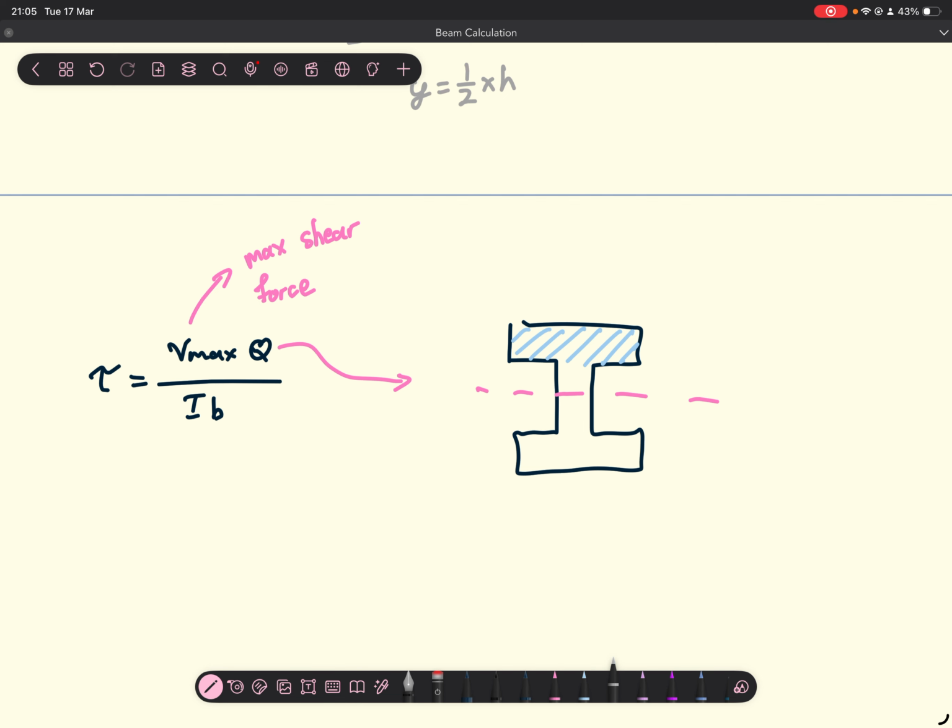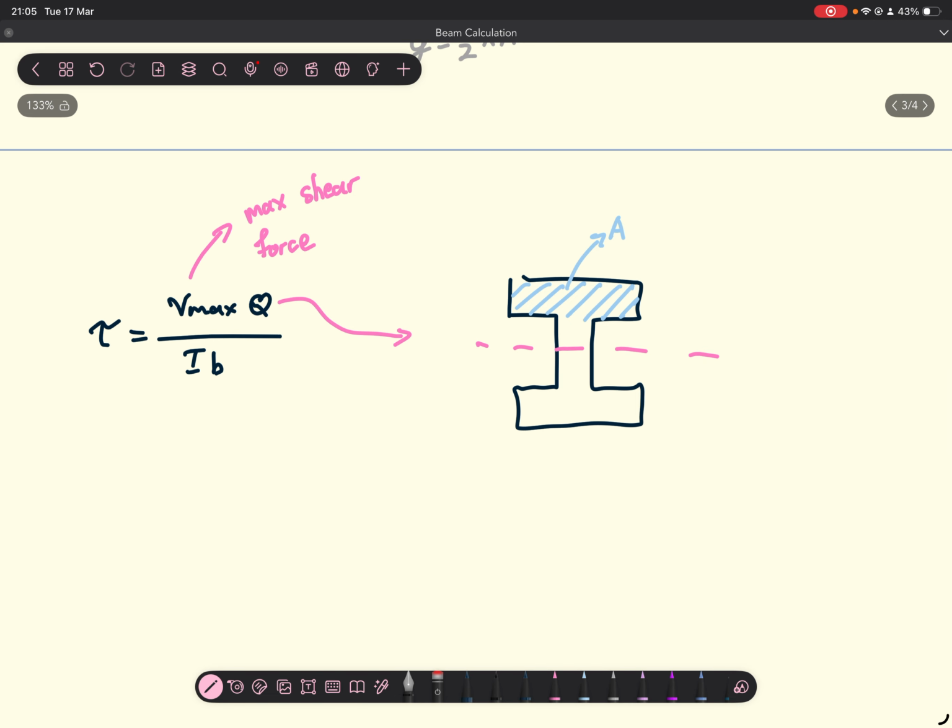We'll call this A1, and then we need to get the distance from the centroid of that to the centroid of our complete object, right?